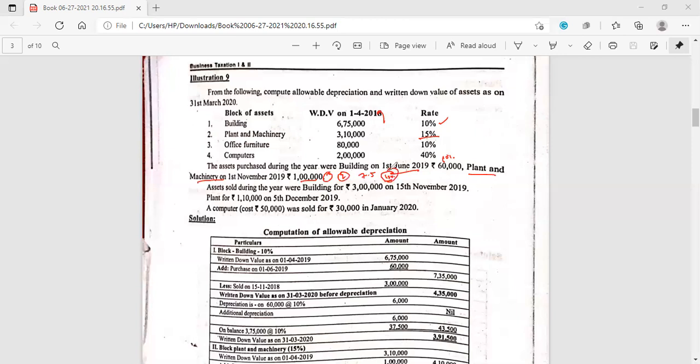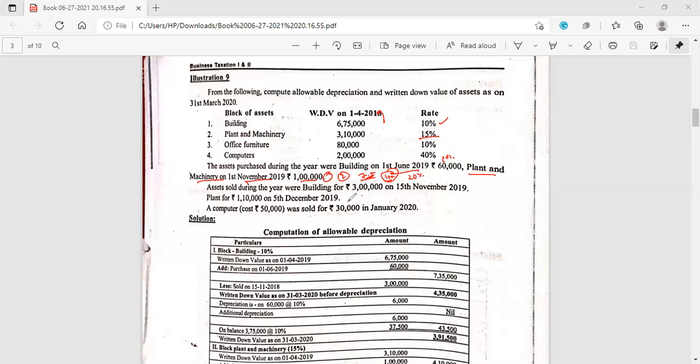Because it's additional depreciation, the normal rate of additional depreciation is 20%, and we are taking 10% only because of the number of days. It is less than 180, so we have to take half of the additional and half of the normal, that is 50% of 15%.